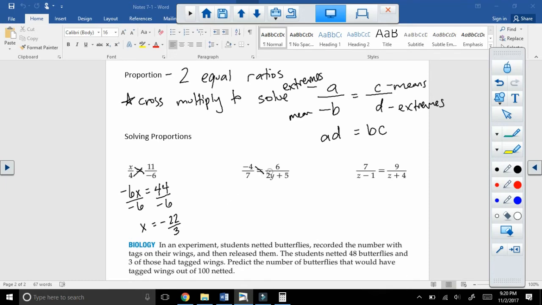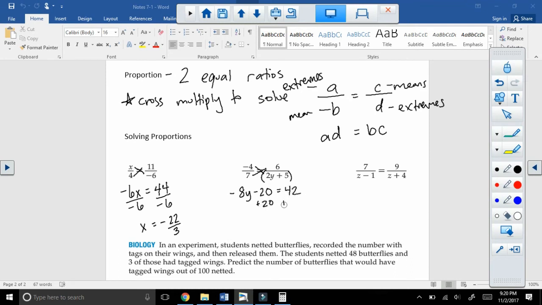For this next one, when you cross multiply, you have a little bit of an issue because you have this whole quantity. You need to make sure that you multiply that whole quantity by the -4, so think distributive property for this. So -4 times 2y is -8y, and -4 times 5 is -20, and that's going to be equal to 7 times 6, which is 42.